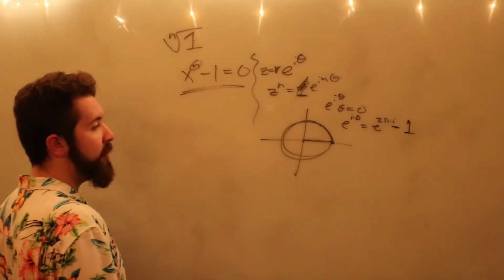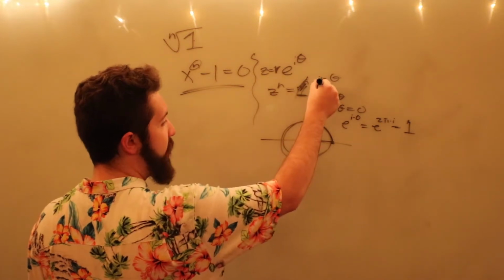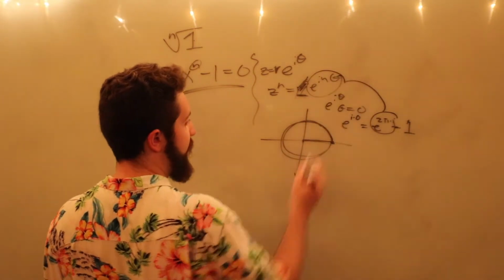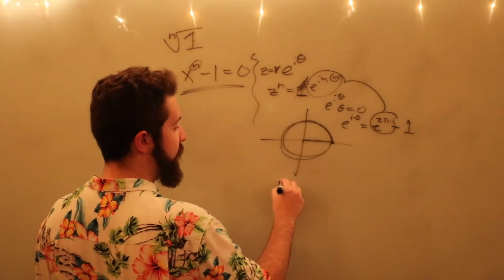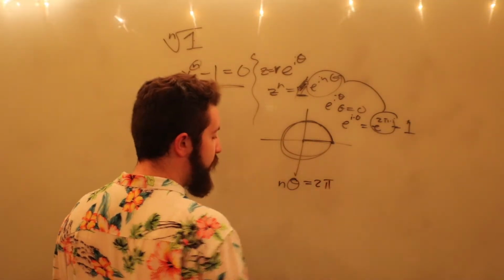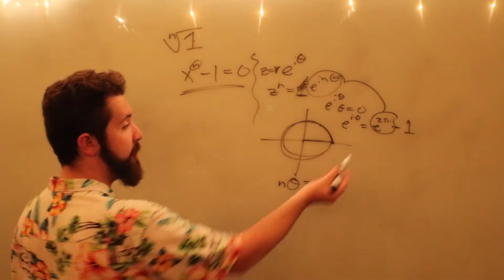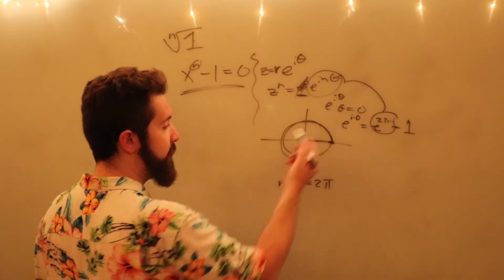All right, so if we want a number which, when you take the nth power of it, is equal to e to the 2 pi i, we just set these two things equal, and then look at the angles. So what we want is for n times theta to be equal to 2 pi. Or, even better, it could be any multiple of 2 pi. It doesn't have to be 1 times 2 pi, because it doesn't matter how many times you go around the circle.